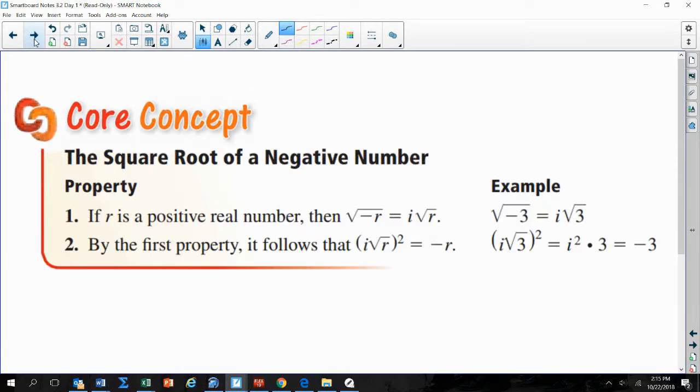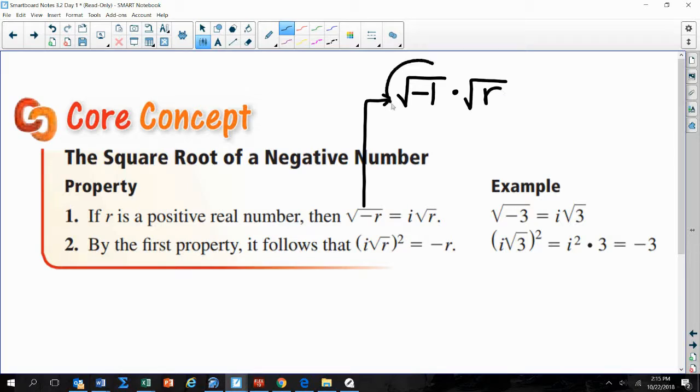It says if r is a positive real number, then the square root of negative r is equal to i square root of r. Well, that makes sense because I can break the square root of negative r down into the square root of negative 1 times the square root of r. Does everyone agree that the square root of negative r can be broken down that way?